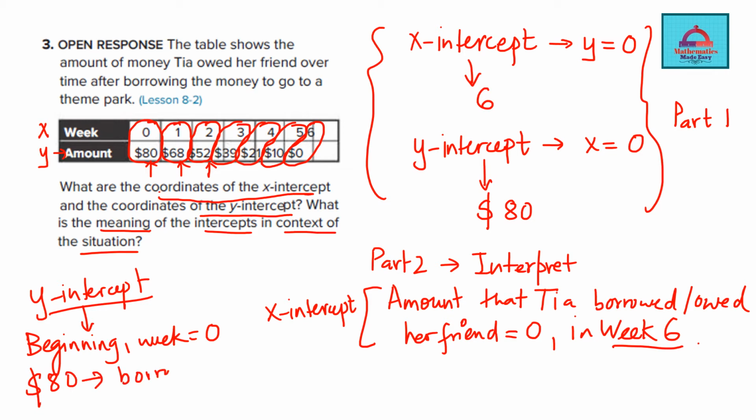This is the amount of money she borrowed from her friend. So that's the interpretation, and the interpretation will definitely change as per the word problem. My suggestion to all my students giving their exams in the coming few days would be to read the word problem well and to highlight important information.